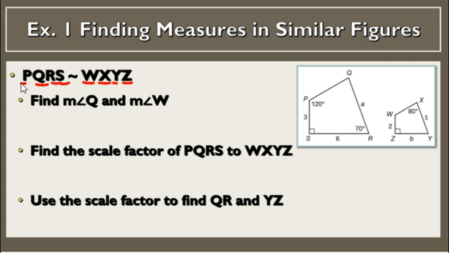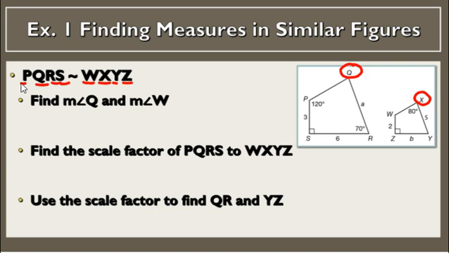So we want to find the measure of angle Q. Angle Q is right here. And if we look at the same angle in the smaller shape, that would be X. And similar shapes have the same exact angles.